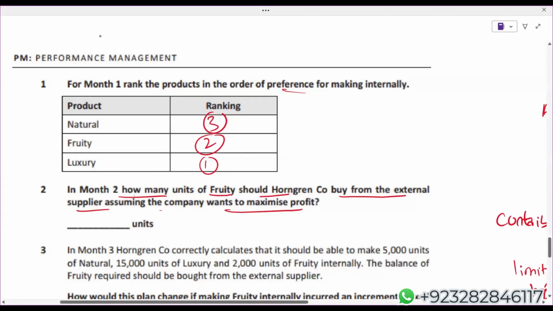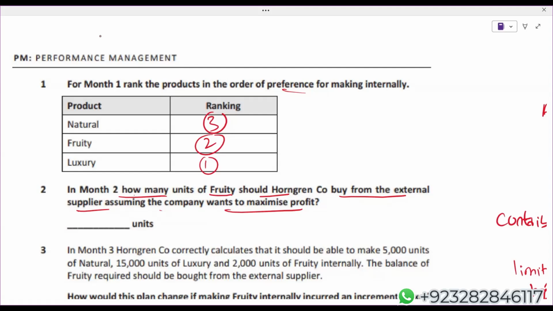They're asking you how many units of fruity they should be buying externally. So now how to deal with that? It means that available resources within the organization are not good enough to fulfill the maximum demand of, let's say, fruity, which means that natural and luxury demand is fulfilled, but fruity demand we are unable to fulfill. That is why examiner is asking us how many units of fruity should we buy externally.